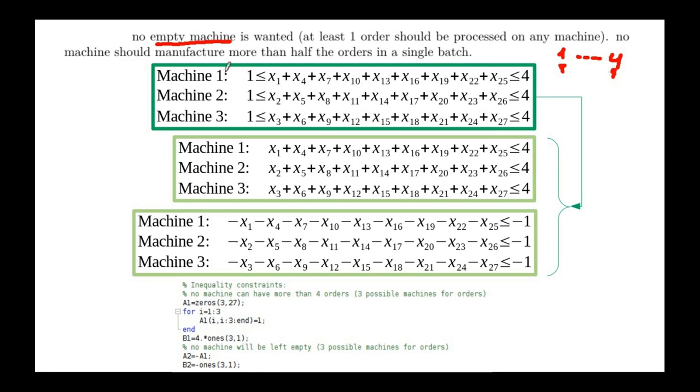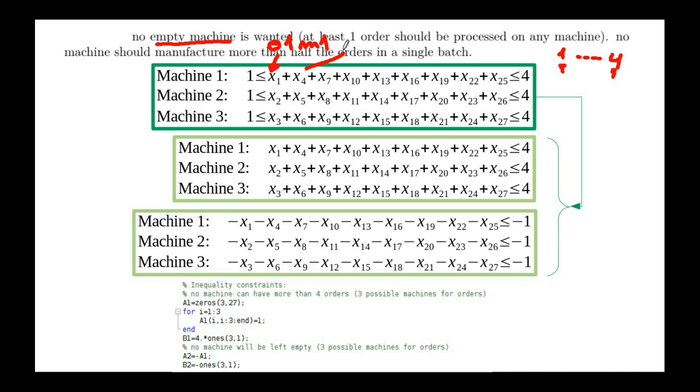So let's have a look at machine number 1. Machine number 1 can have all these possibilities. Have a look at this. This X1 is order number 1 in machine number 1. I don't know if this will be true or false, but I must define the constraint within the problem environment.